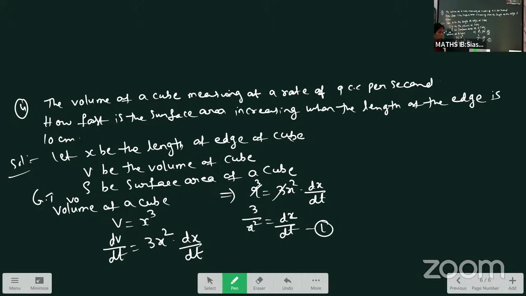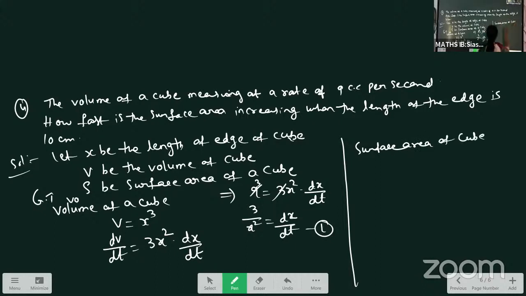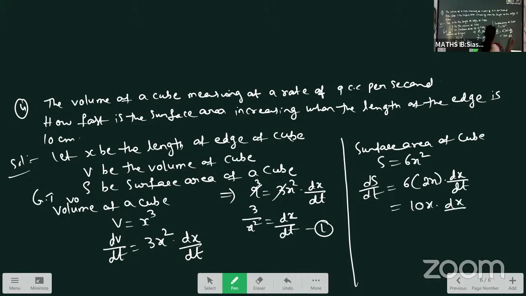Now next, go to surface area. What is the formula for surface area of a cube? S is equal to 6x square. So find the derivative. dS by dt is equal to 6 into the derivative of x square, 2x, into dx by dt. So 6 twos are 12x into dx by dt.